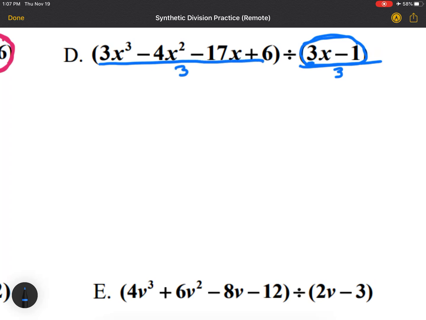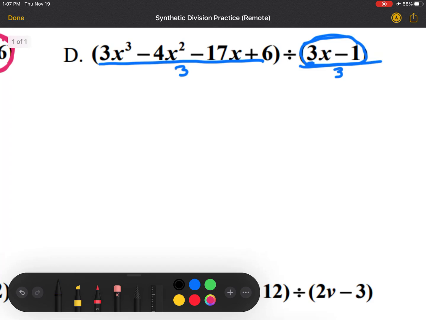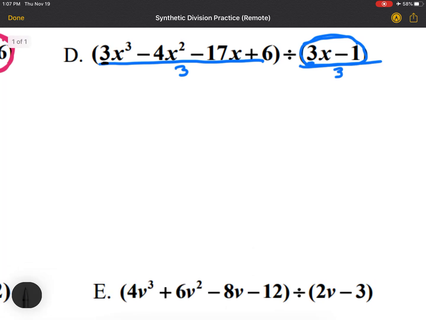So if it looks like this, where that x or whatever variable got is not a 1 out front, it's some other number, you got to divide it out of there first, okay? And if you divide, I'm going to make this new polynomials here. So 3 divided by this 3, okay, is 1, or x to the third. Negative 4 divided by 3, just leave it alone as a fraction.